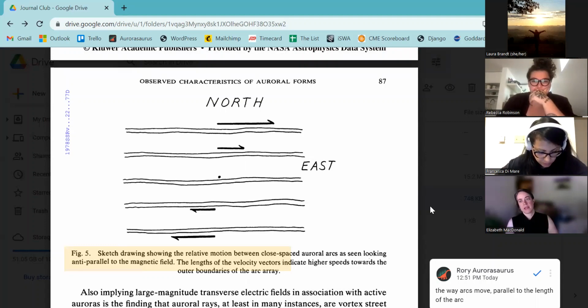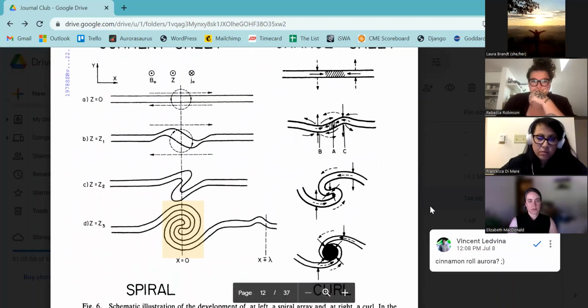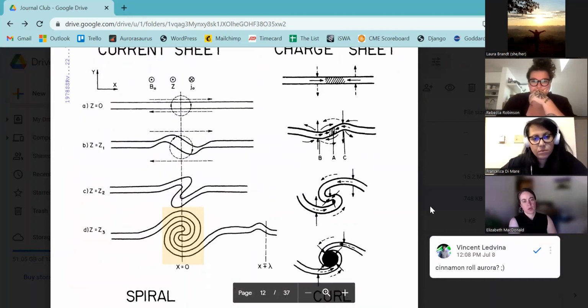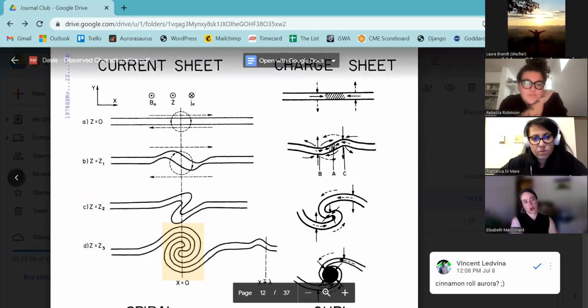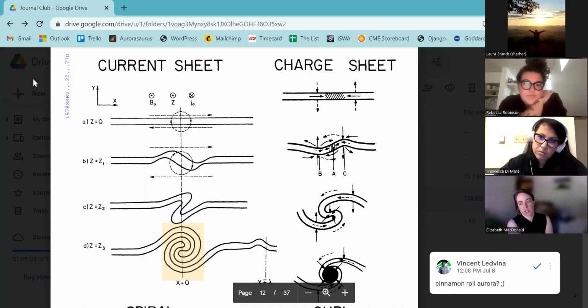And then on the next figure, they have some different terms for these. So Hallinan was describing how this happens and how that causes these arcs to curl up. He calls them vortex streets. There's a bunch of different terms, like fluid dynamic sort of terms.